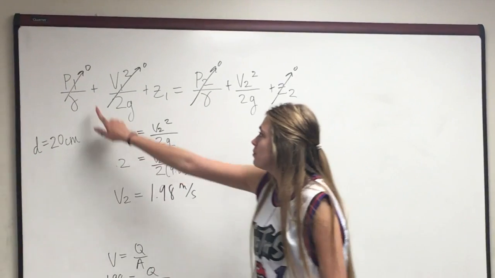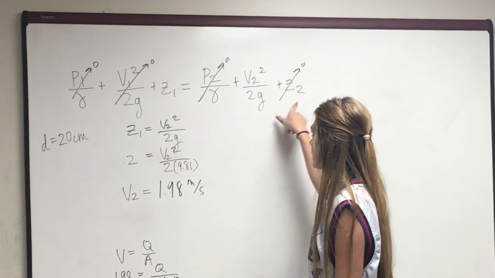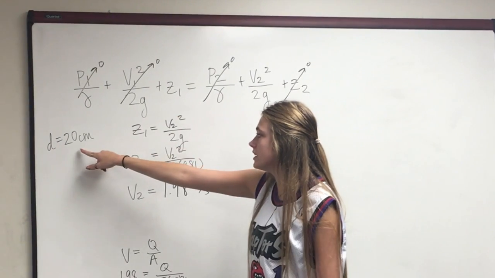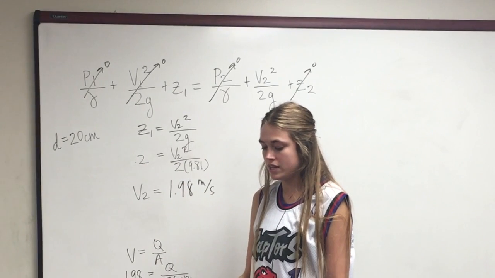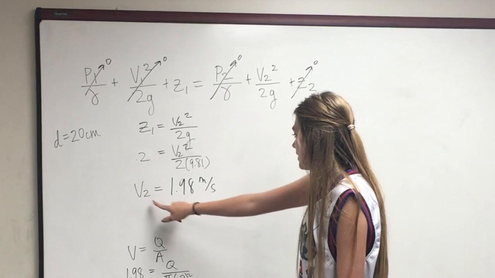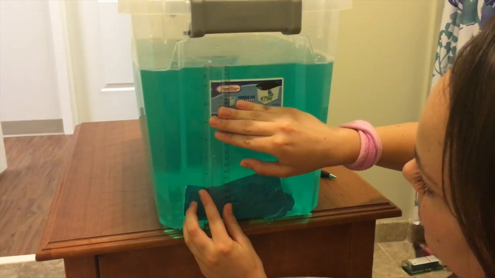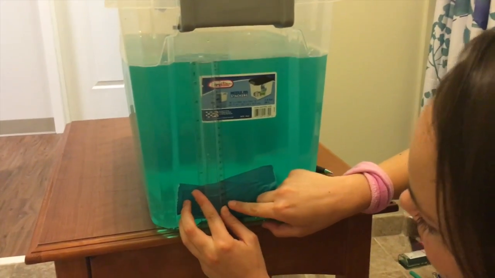In this case, P1, V1, P2, and Z2 still go to 0, except Z1 will be 20 centimeters because the bottom hole is further away from the top of the water. And therefore we get, for our velocity, 1.98 meters per second. So from the top of our water to the center of our hole is about 20 centimeters.